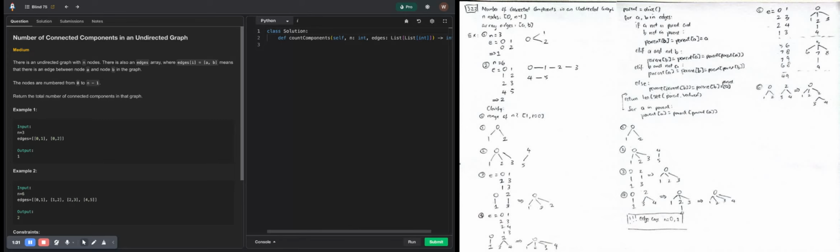You are given an undirected graph with n nodes, from 0 to n minus 1, and then there is an array edges given by a, b.